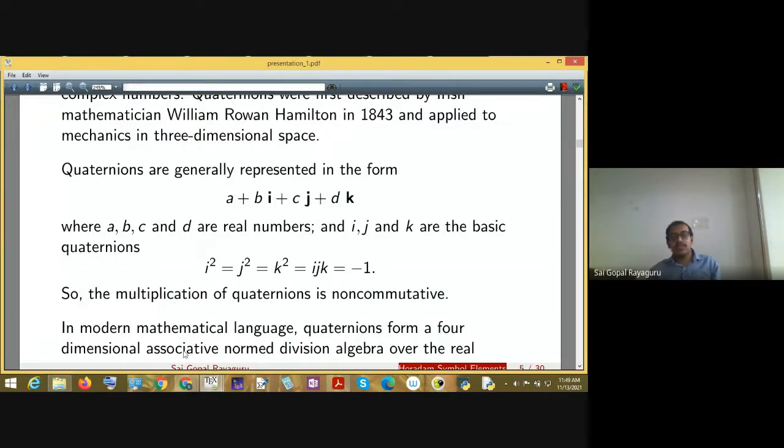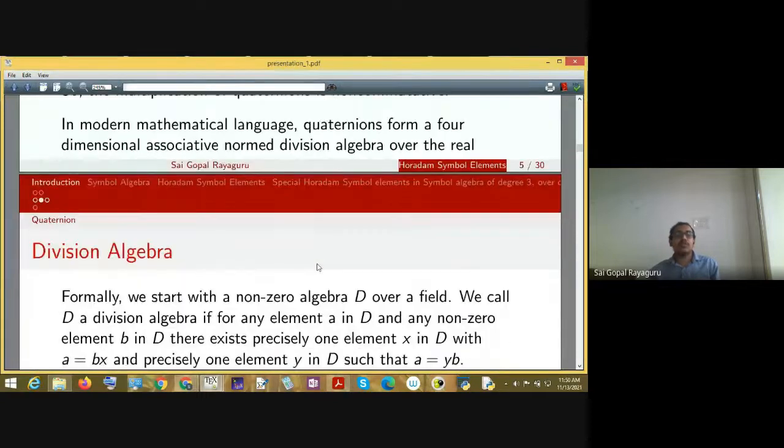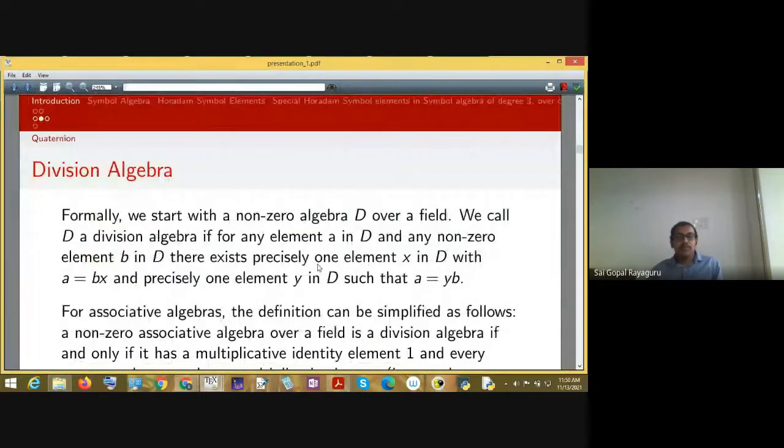Since associativity and normed division algebra come up here, I would like to explain what a division algebra is. We all know the associativity property. So let's come to division algebra.